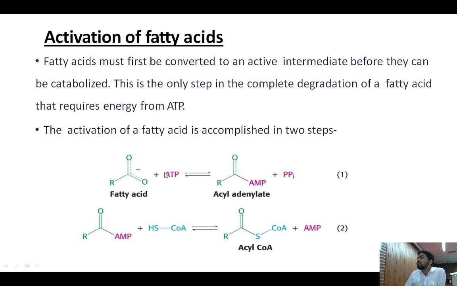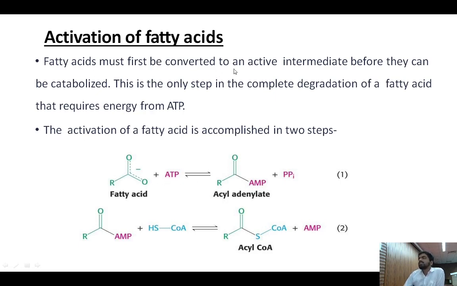Here the equivalent of 2 ATP is required because it is forming AMP, and 2 phosphates are required. So if they ask in the exam, or when you write the whole reaction, how many ATP are required? It is equivalent to 2 ATP. It needs 1 ATP but it forms AMP. So for it to form back to ATP in the body, 2 high energy phosphates will be required, which is equivalent to 2 ATP.